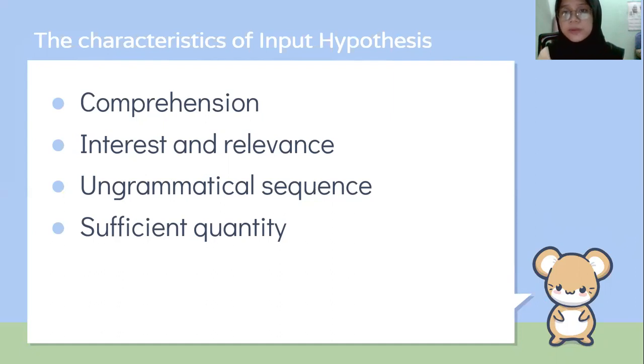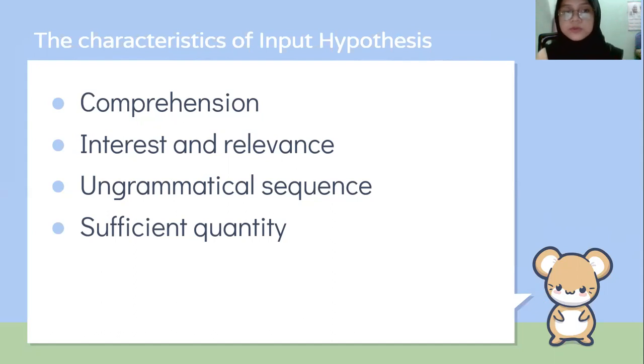And by teaching grammar, we don't really have this real world context, and we don't actually understand or comprehend the language as it is, the language as it is meant to communicate, right? So no grammatical sequence is one of the characteristics of input hypothesis.